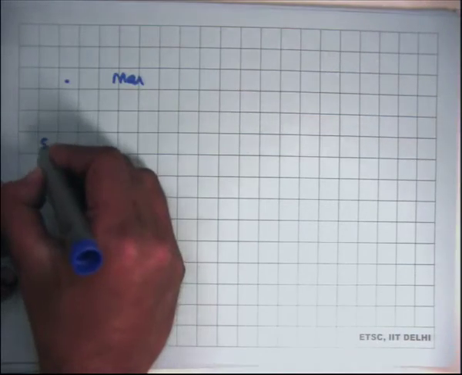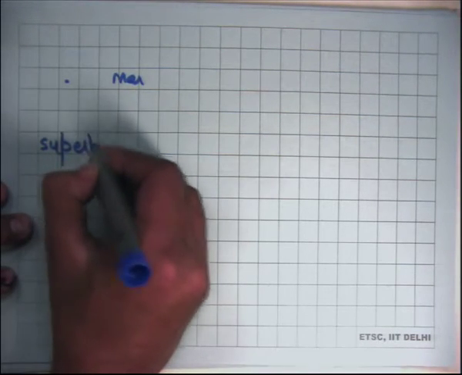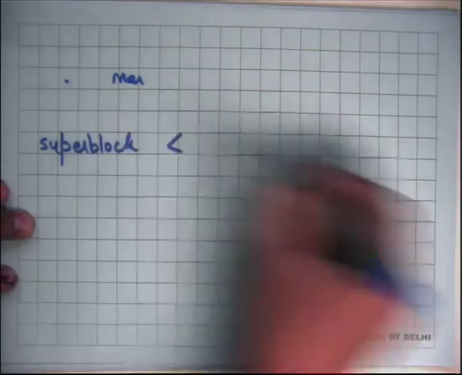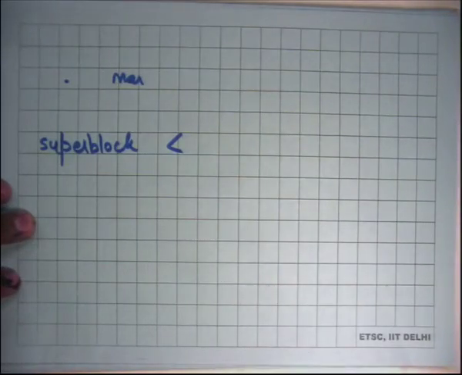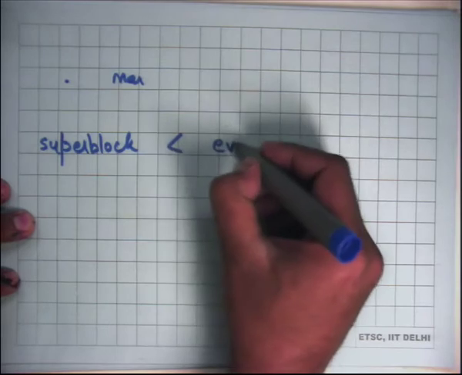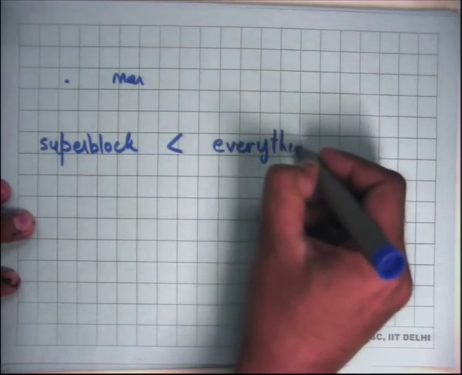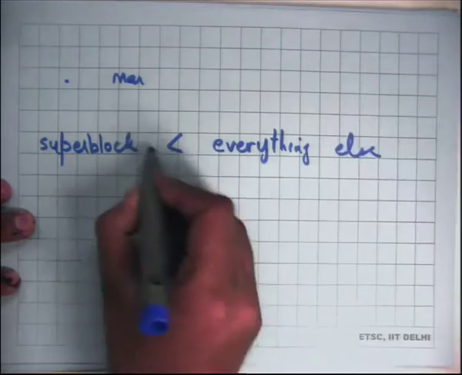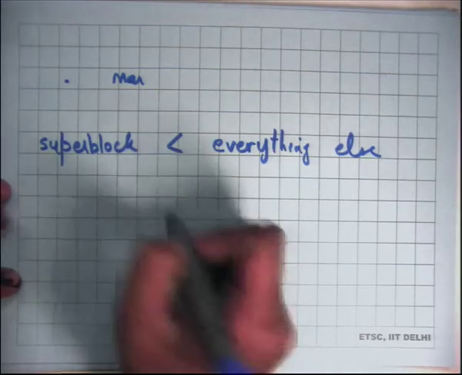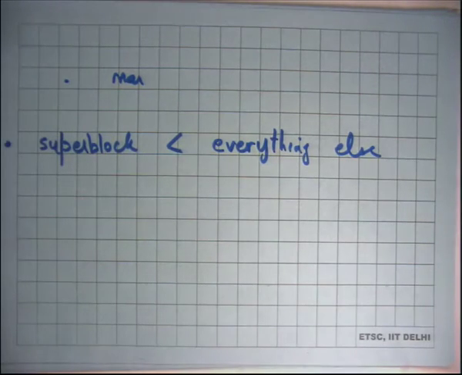So let's say super block before everything else. This less than sign basically says that if you want this operation to do something on the super block sector, then it should be taken first, right?